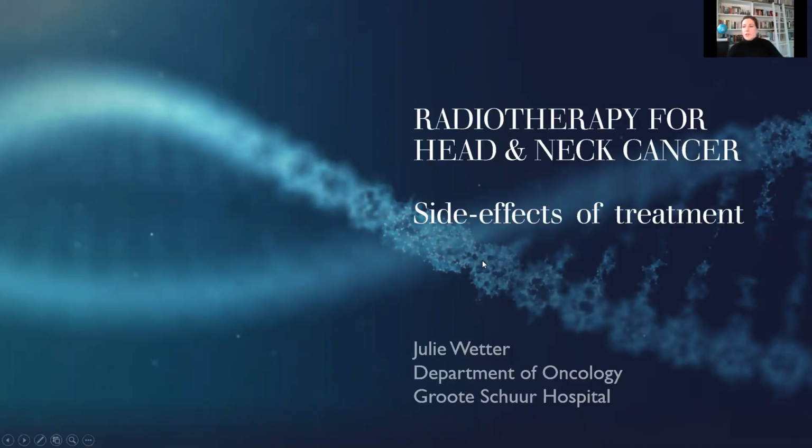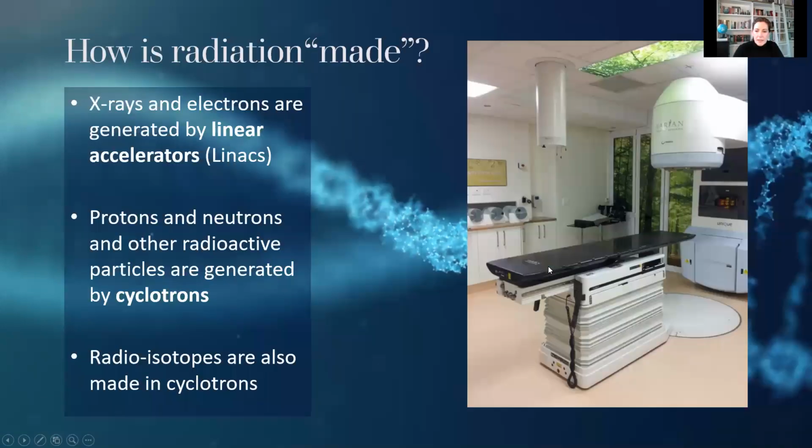So I just wanted to go over a little bit about radiotherapy itself, just so that one has a basic understanding, because as far as I know, I'm talking to surgeons, and radiation is not something that you're that familiar with. So we use these machines called linear accelerators to create X-rays. We can also use them to create electrons, and we use both of them in head and neck cancer treatment.